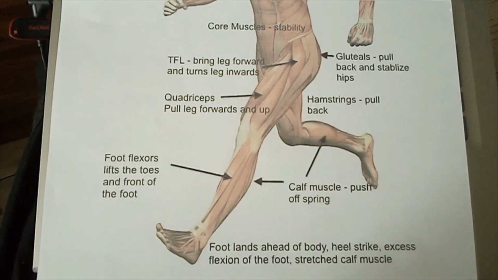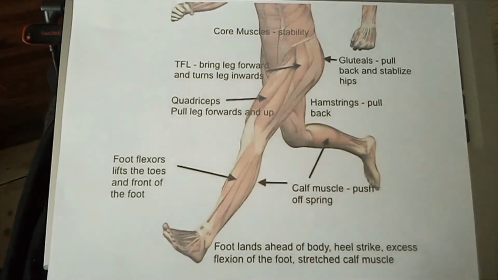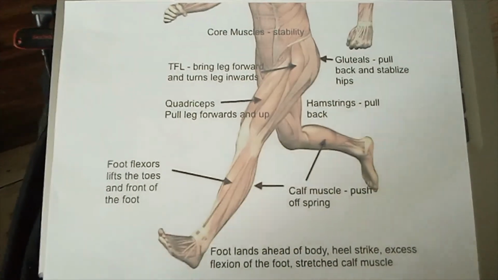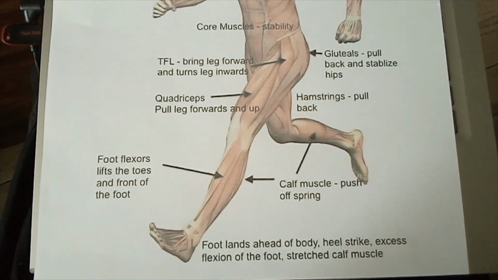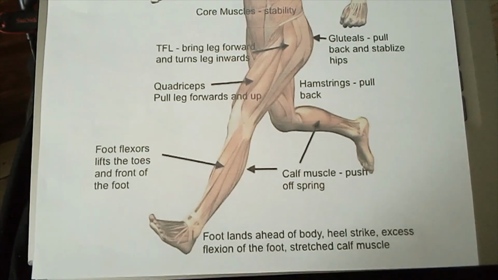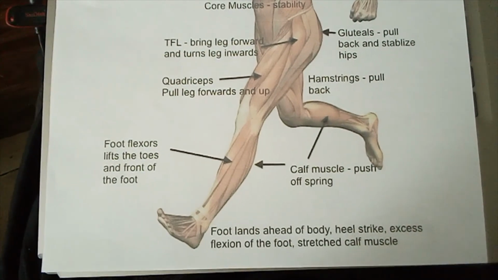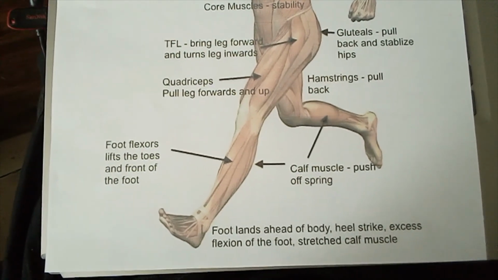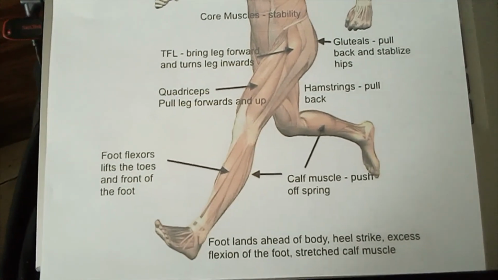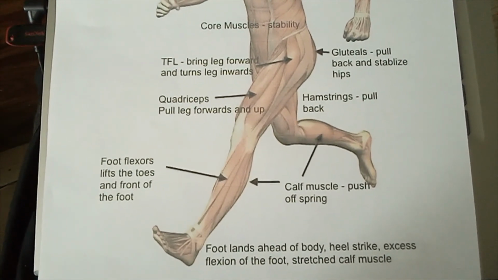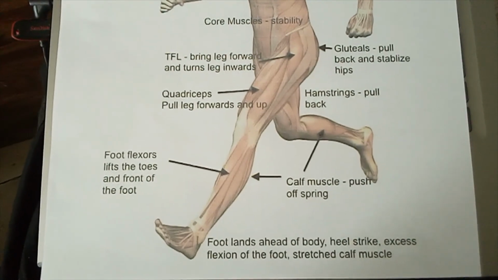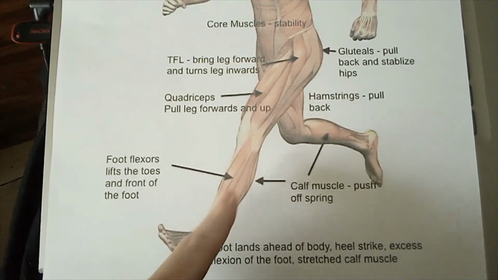And this is why, if you watch my video on running technique, I talk about engaging the glutes in order to reduce the impact through the calf and the hip. So if the glutes are tight, the impact that would normally be taken through the hip will be transmitted further down the legs.